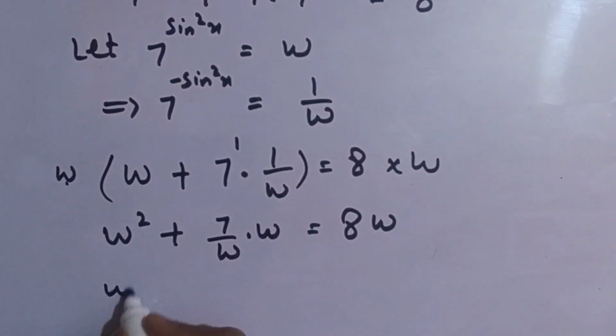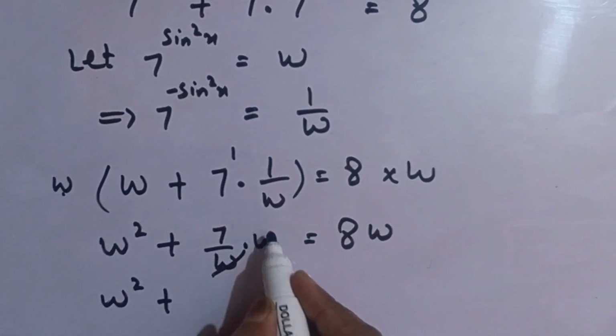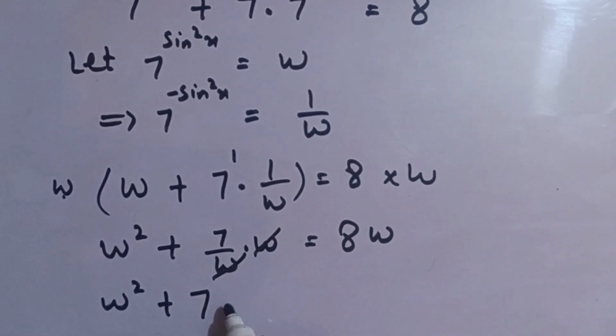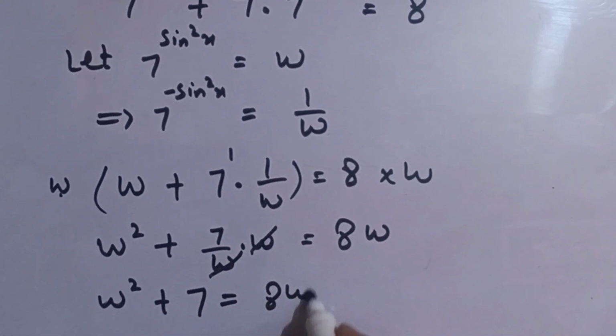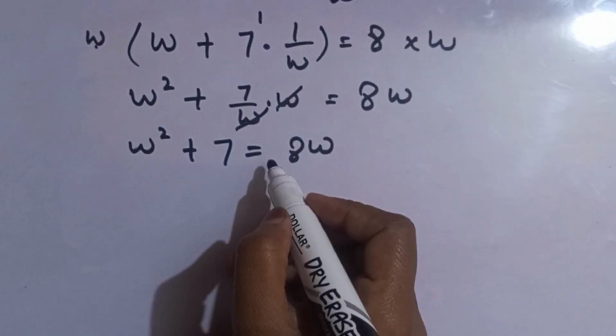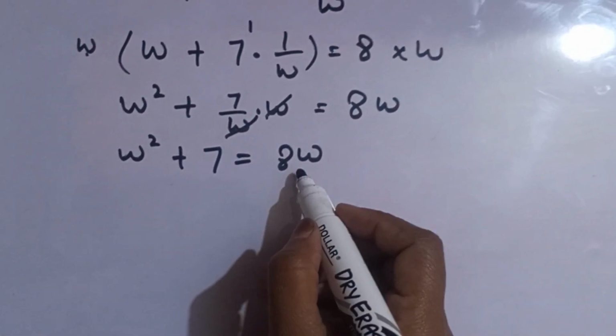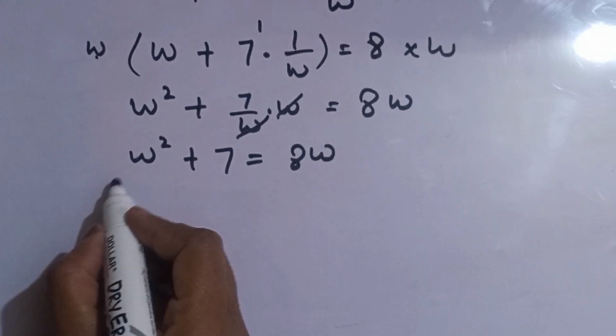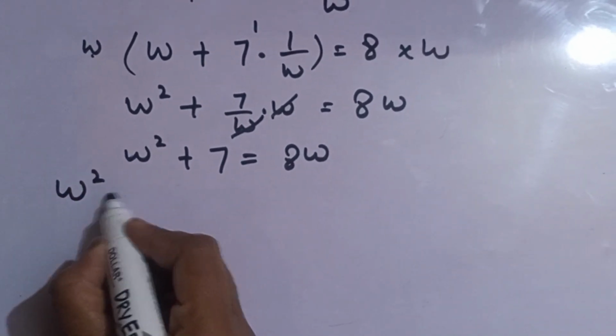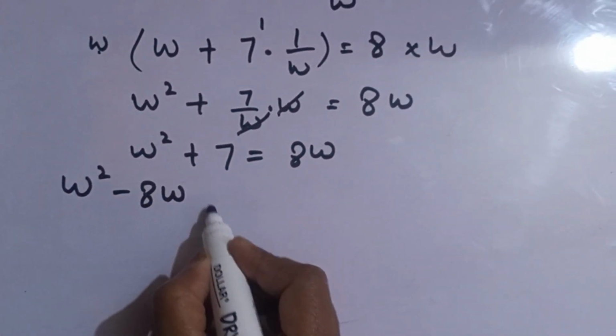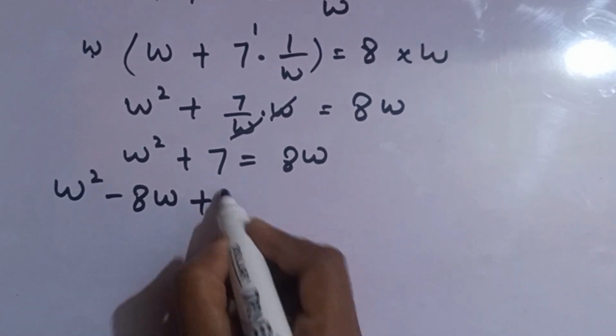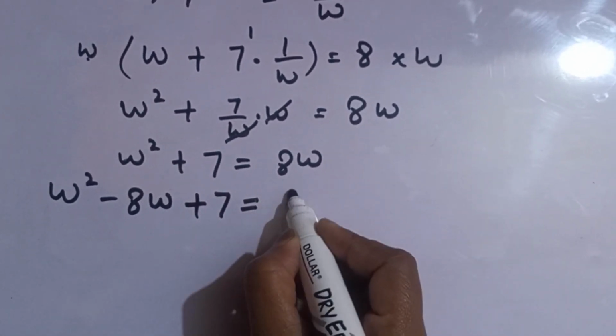Now we write w square plus, and the w's cancel, we just get 7 is equal to 8 times w. In the next step we subtract 8 times w on both sides of this equation. Then we have w square minus 8 times w plus 7 is equal to 0.